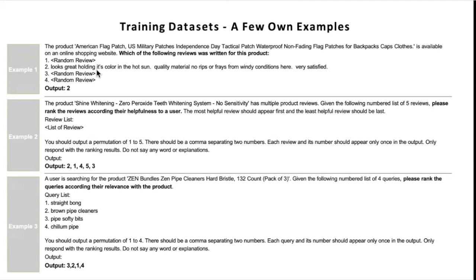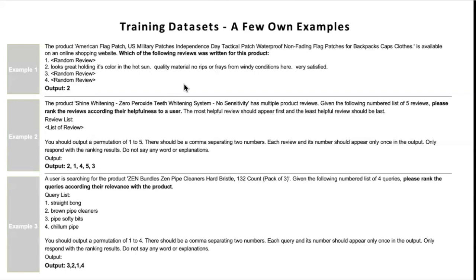We know there is a customer review for this product, right? And it just inserts it in as an option, and then you can generate some other random irrelevant reviews. And of course, you know the ground truth is two, because you grab this data set from the Amazon review data set. So you know this one is the correct answer, but you can generate all the other random irrelevant reviews along and prompt the LLM to select the right answer in the end.